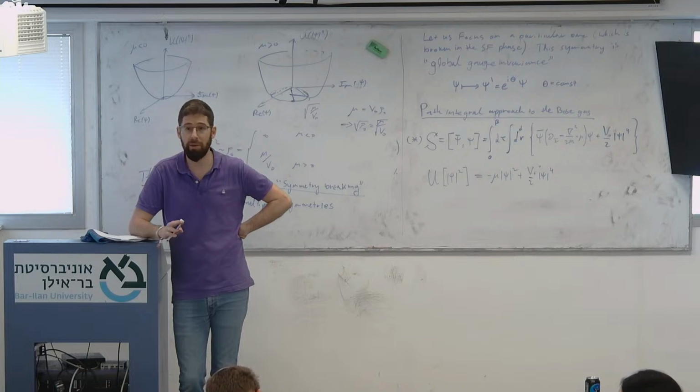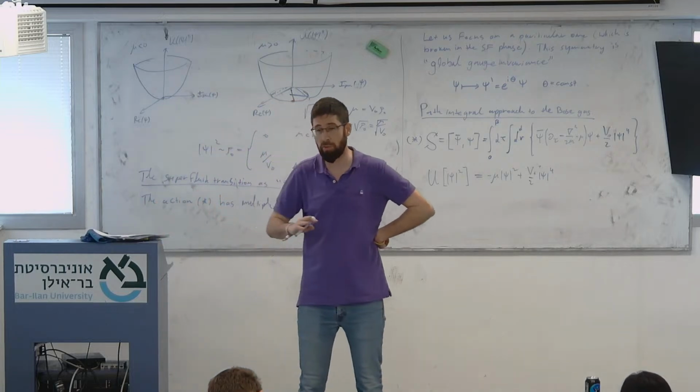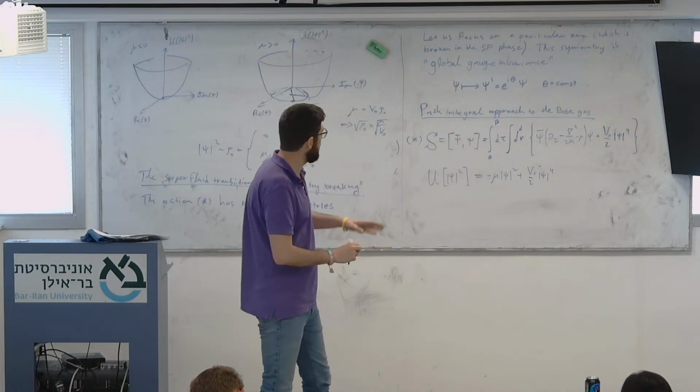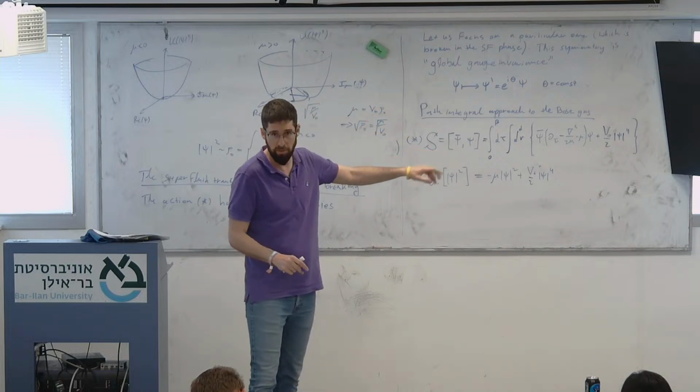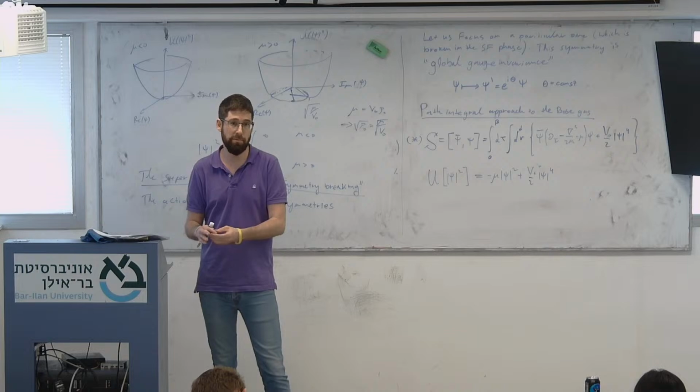So the Hamiltonian commutes with the total particle number. This tells you that this global gauge invariance, and we'll see that more in a moment, is related to number conservation.